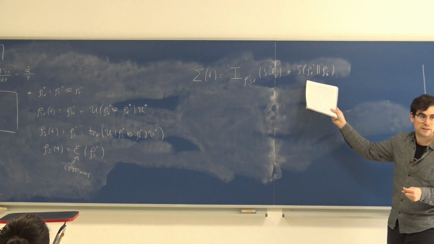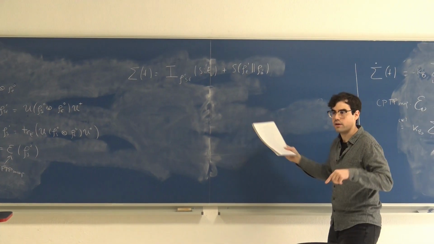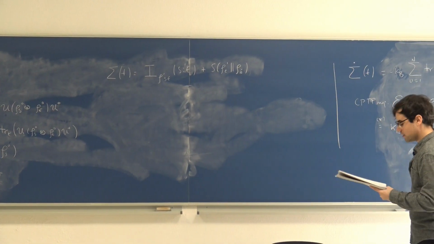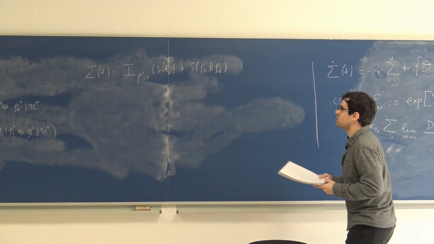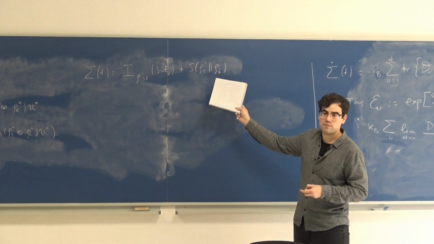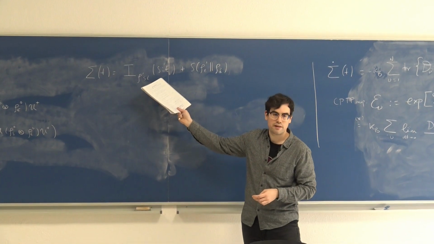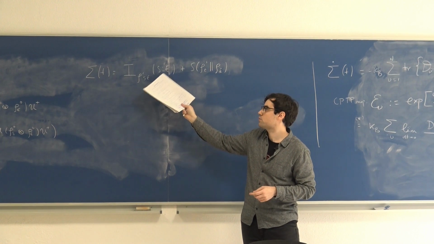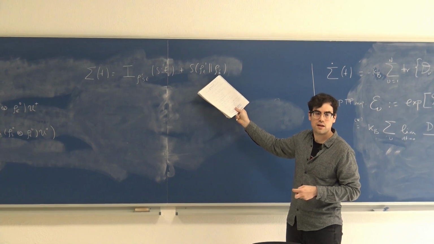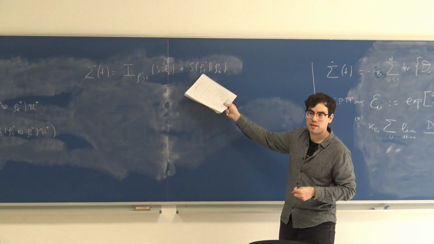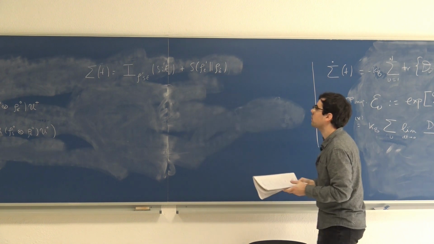I say some sort of a distance because this doesn't verify the triangular equality, this relative entropy. It is quantifying how much this rho is the mutual shared information between these two subsystems, and this term is how much the final state of my environment is away from the initial state of the environment.